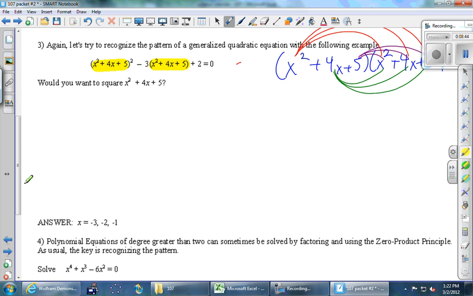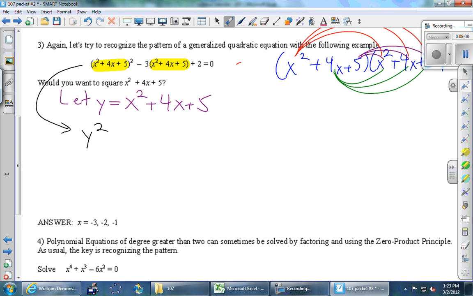So down here, I'm going to let y equal x squared plus 4x plus 5. This equation becomes, instead of that complicated stuff squared, what is it now? It's now y squared. What's next? Minus 3, and that complicated stuff is still y. And then plus 2 equals 0. Can you guys factor that one?